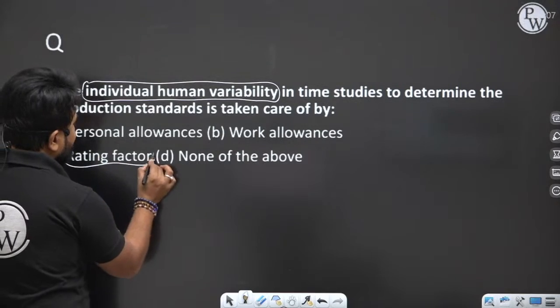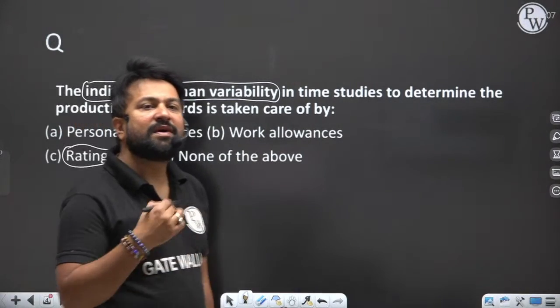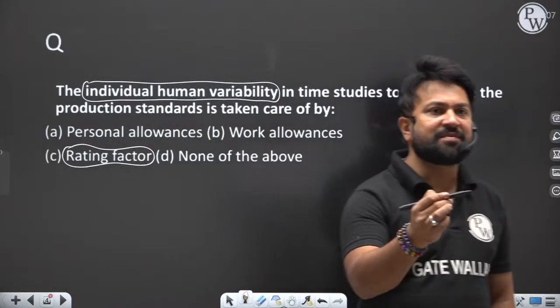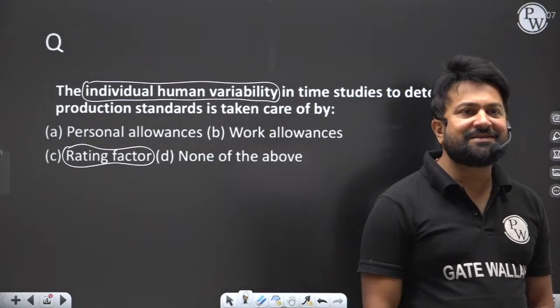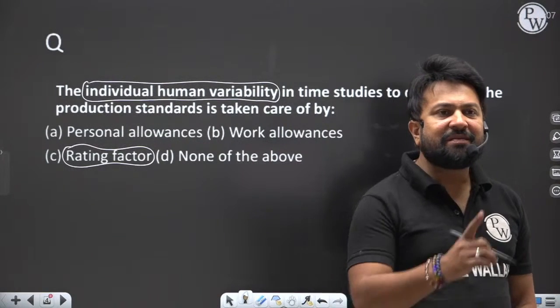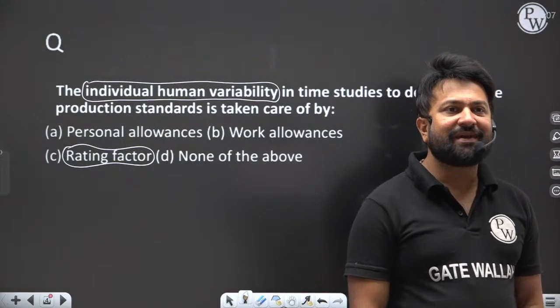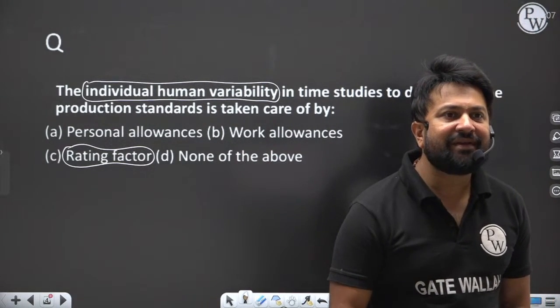By the rating factor. Suppose I give you a current example. There is a person in the comment box, Bihari Babu Poetry, who gave the answer at 11:06.